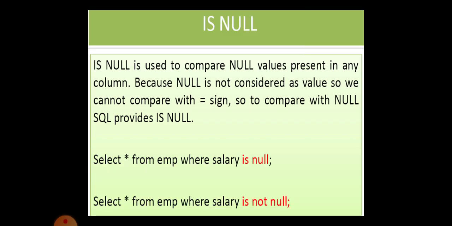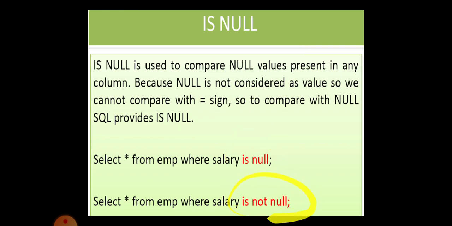This is the last operator, that is NULL. It is used to compare null values present in any column. Because null is not considered a value, we cannot compare it with the equal sign. So to compare with null, SQL provides the IS NULL keyword. Look at the column: where salary is null. IS NULL is the keyword used for checking whether the salary value is null or not.